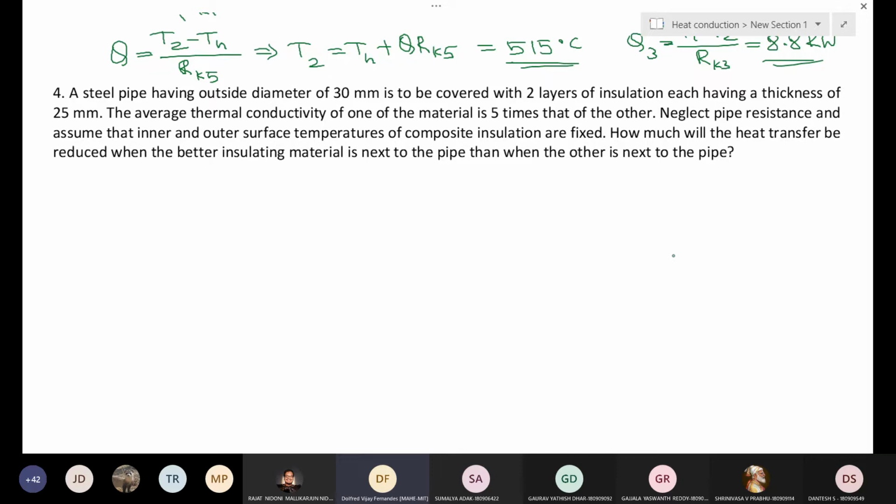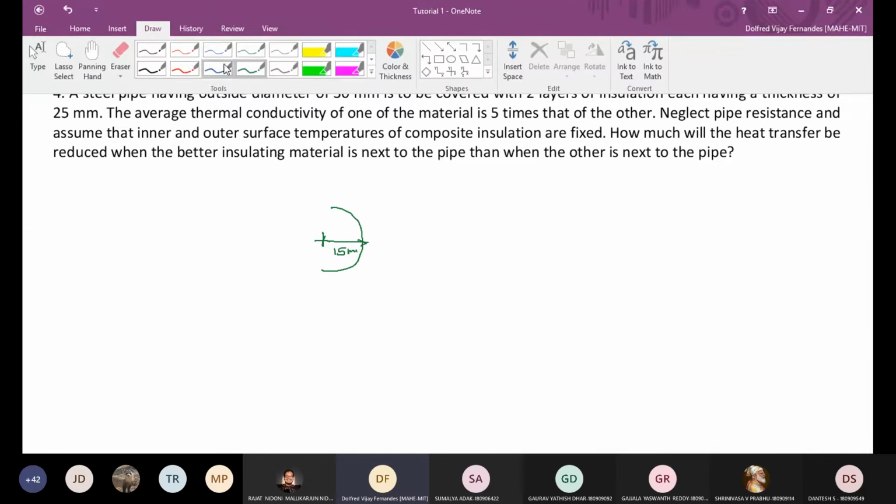The better conducting material is next to the pipe. So we have a pipe of outer radius 30 by 2, or 15 millimeter, and that is covered with the insulation of 25 millimeter.